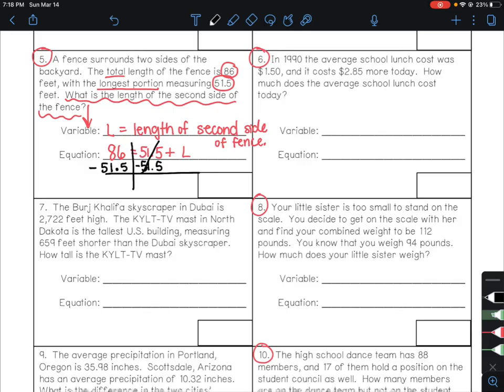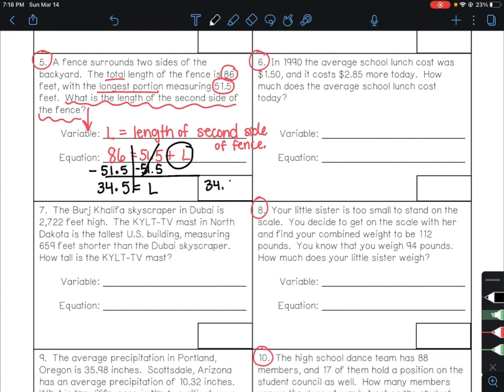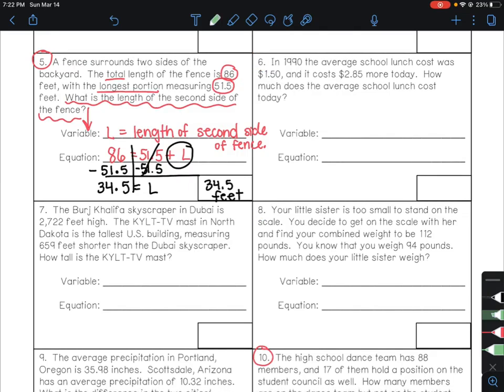Make sure if you're doing that on paper that you line them up. If you do that out, you're going to get 34.5 equals, and then all that's left there is L. So the length of the second side, 34.5 feet.